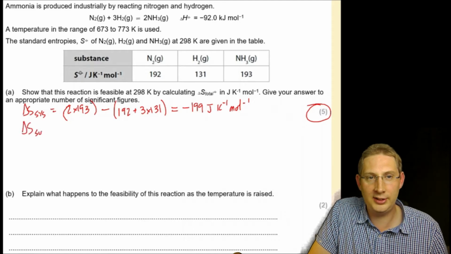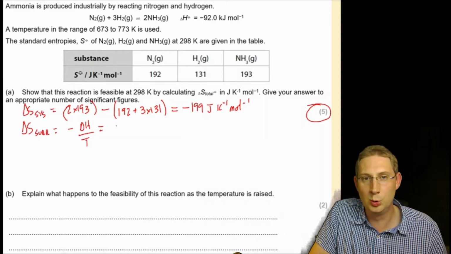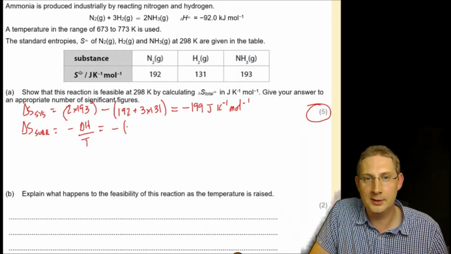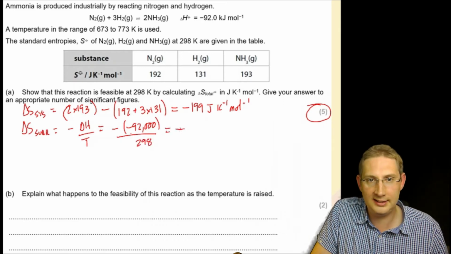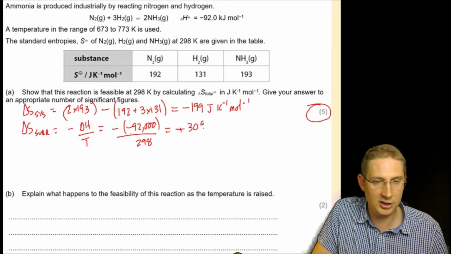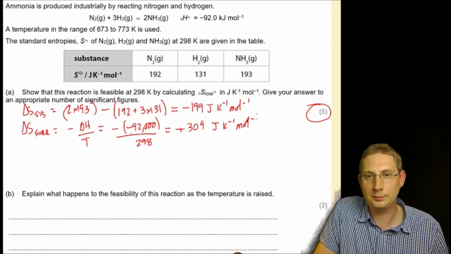deltaS surroundings is minus deltaH over T, remembering to put deltaH into joules, so that's minus 92,000 divided by the temperature, which is 298, and that gives us an answer of plus 309 joules per Kelvin per mole.